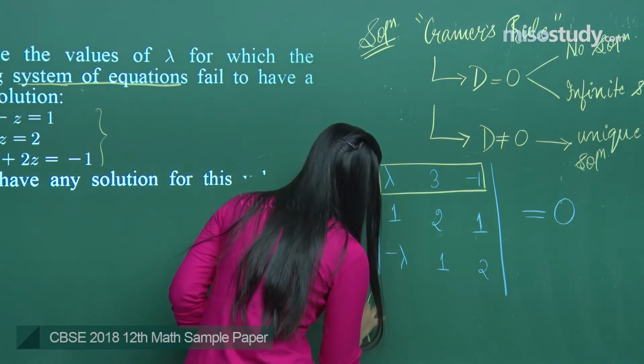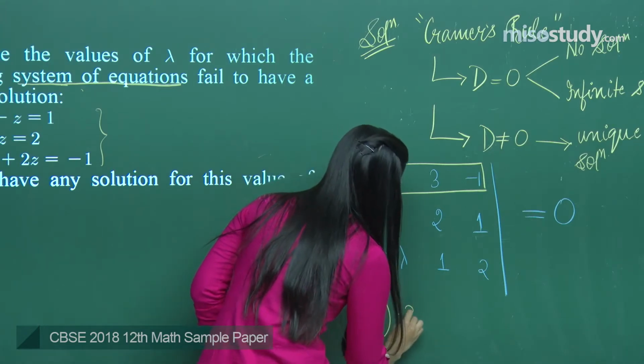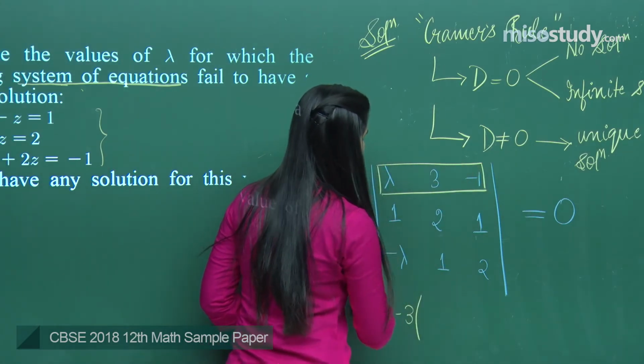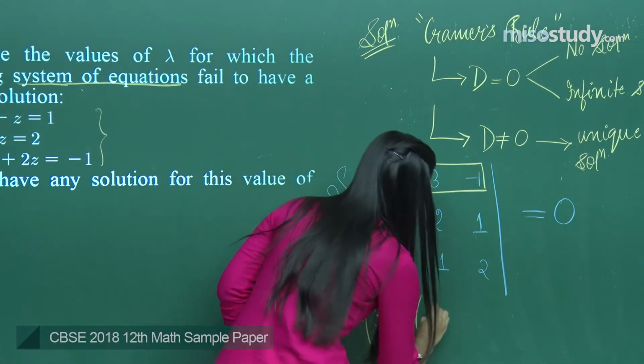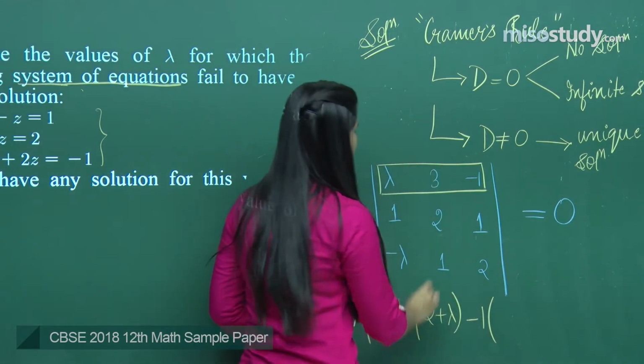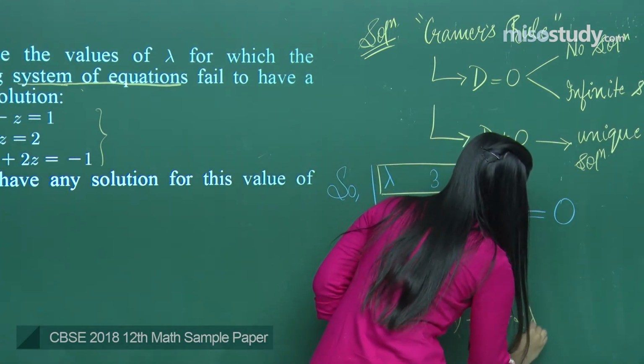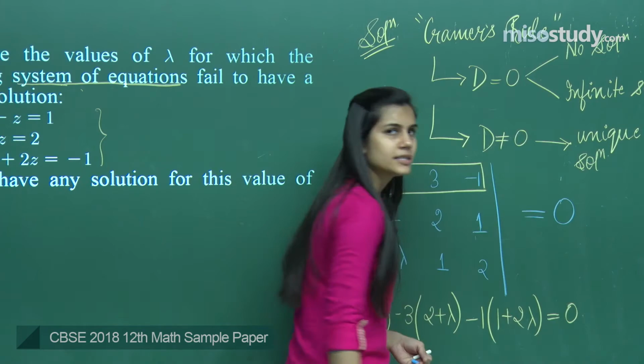So you have lambda, 4 minus 1, which is 3, minus 3, then you have 2 plus lambda, minus 1, then you have 1 plus 2 lambda. This is 0.